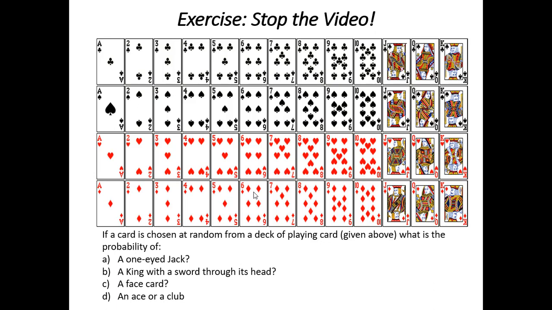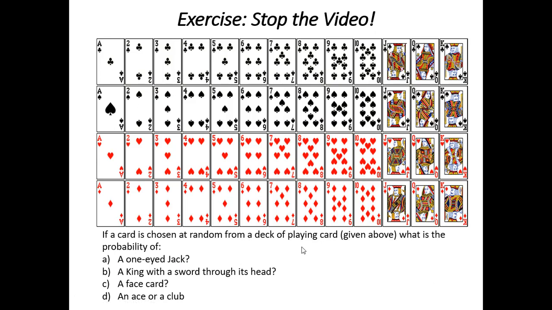Now it's good to practice some similar problems as we go through this video. So at this point, I would recommend that you stop the video, take a look at the deck of cards that I've displayed here, and try to answer these questions.